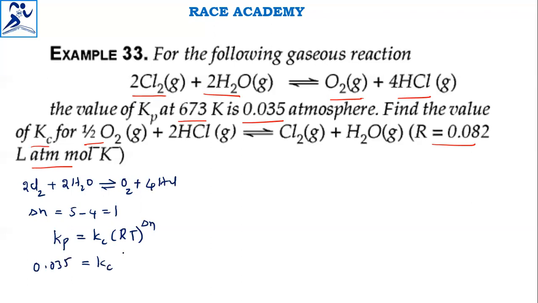The R value we have is 0.082, the temperature at which Kp is 0.035 is 673 Kelvin, and the delta N value is 1. After rearranging and substituting the values, I got the Kc value equal to 6.342 into 10 to the power of minus 4 mole per liter.